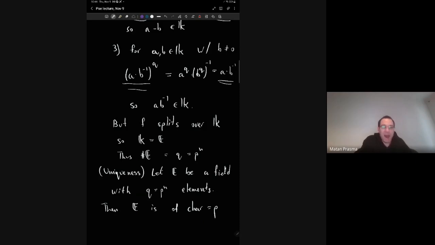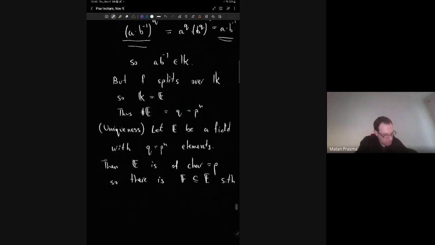So I have an isomorphic copy of FP inside E. Okay.